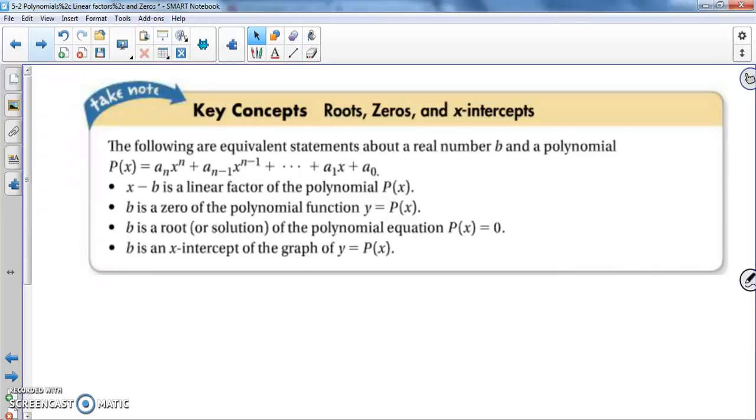And b is an x-intercept of the graph y equals p(x). So these are just clarifying all of the vocabulary and terms we've already known.